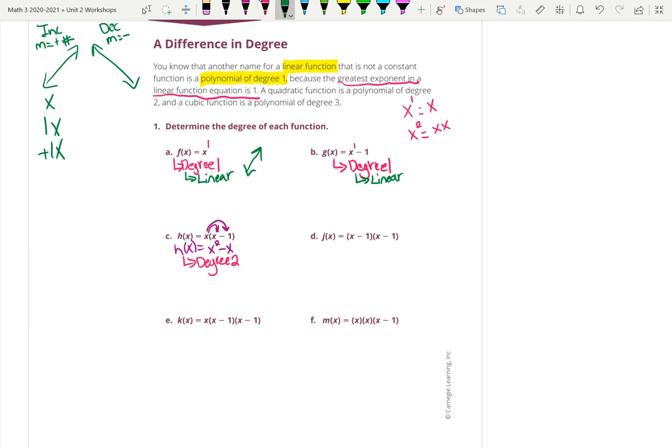This means that the shape is a quadratic. That's what we've been talking about these last few weeks. Quadratics can be concave up or concave down.